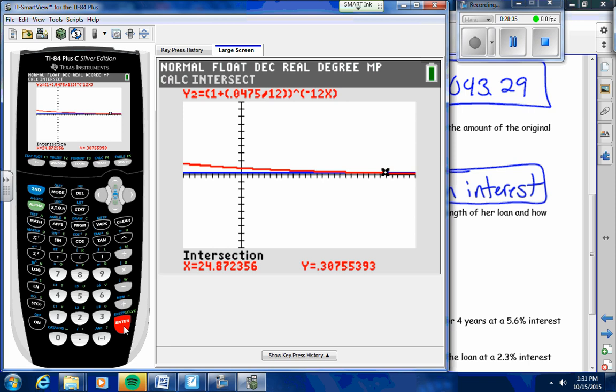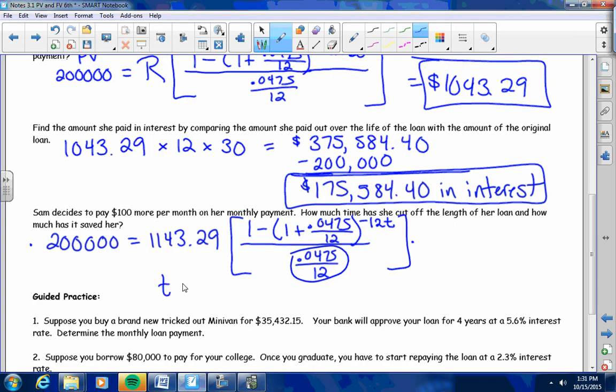The intersection point is 24.872. So instead of paying off the loan in the full 30 years, how much time has she saved? Okay, so time saved would be 30 minus 24.872, and that is 5.128 years cut off the loan.